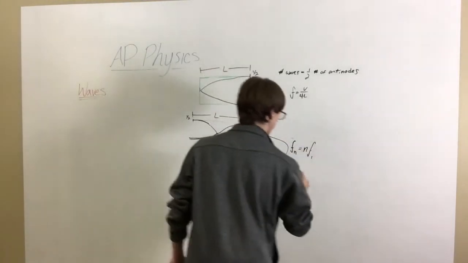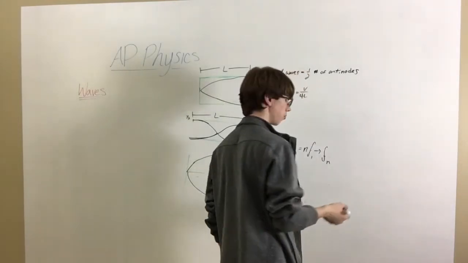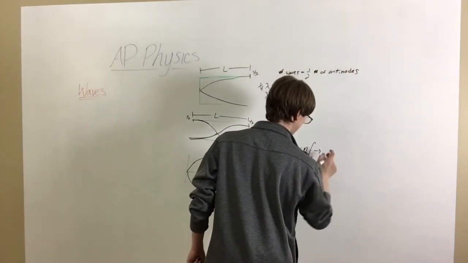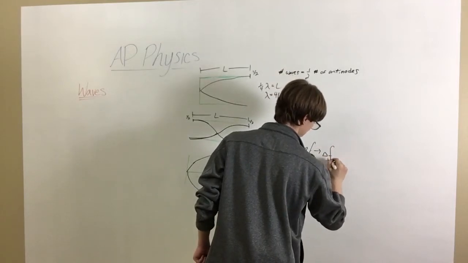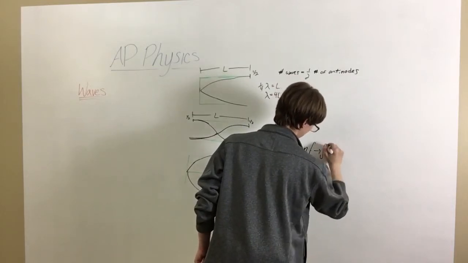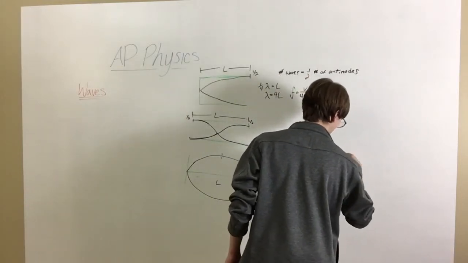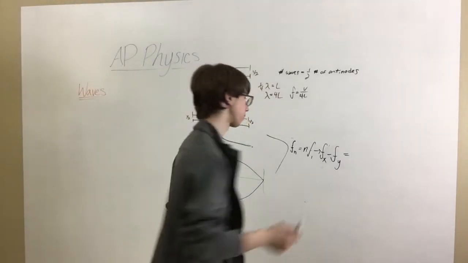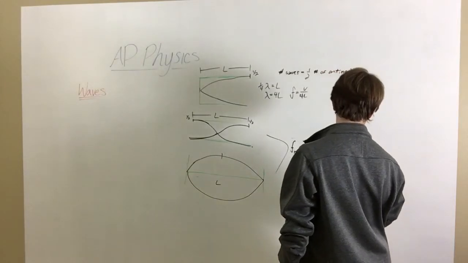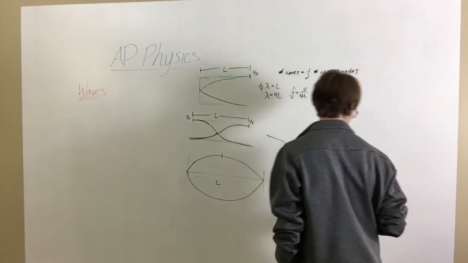So in that case, if you are ever given, say, a frequency n and frequency n plus 1, well then, all you need to know is that the difference between these two, so f_x minus f_y, is just equal to x minus y times the fundamental frequency, right?